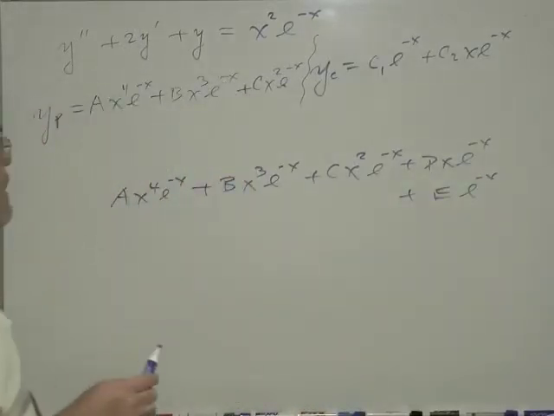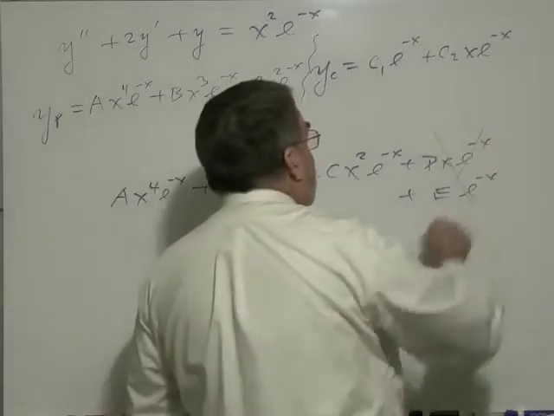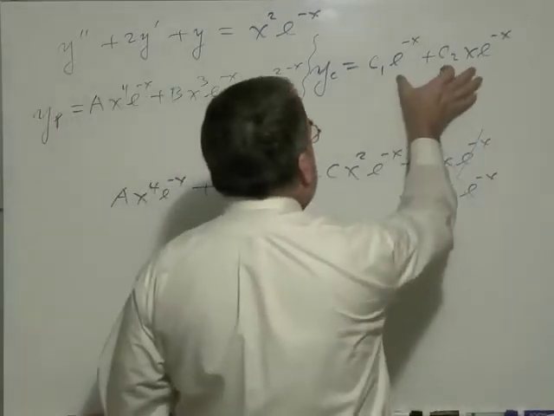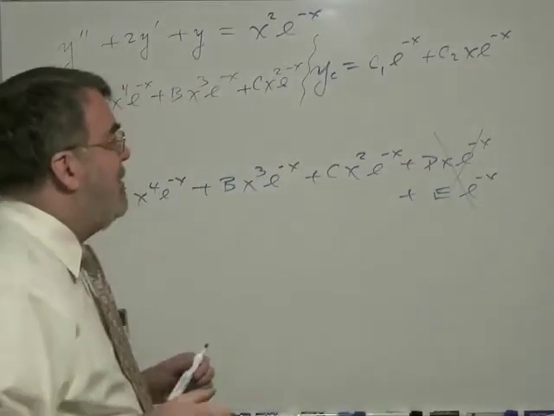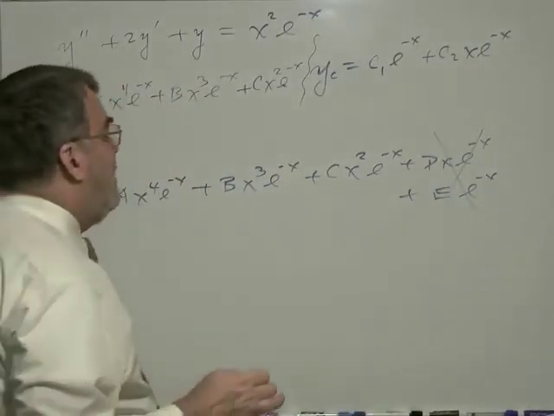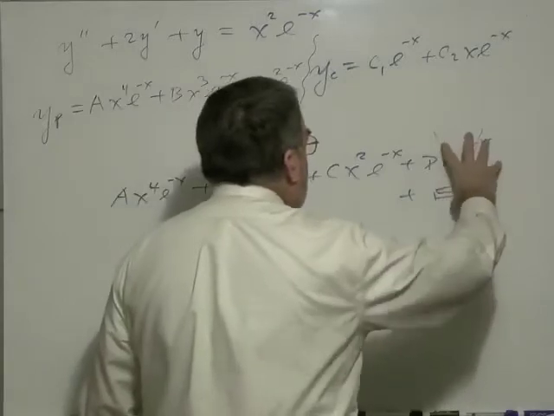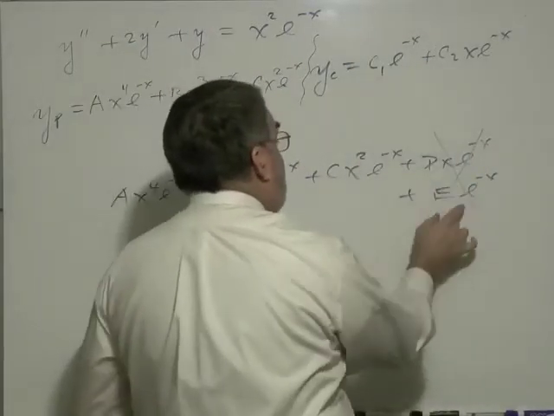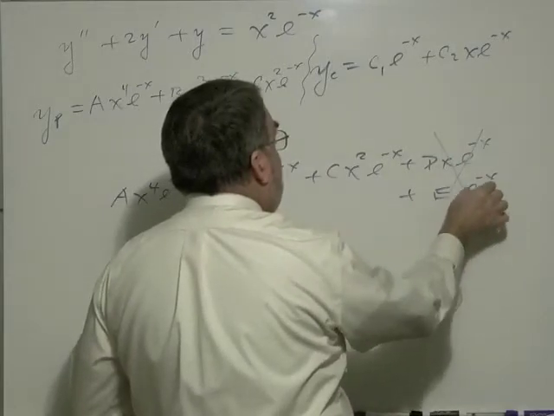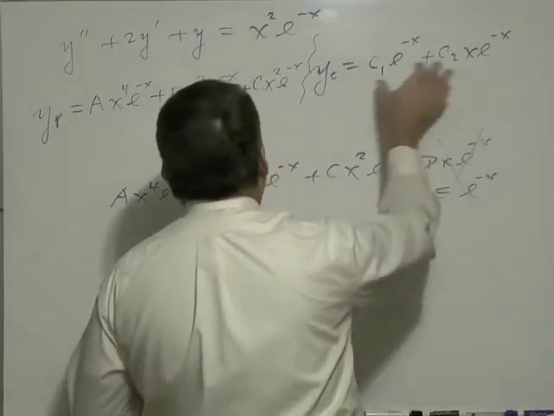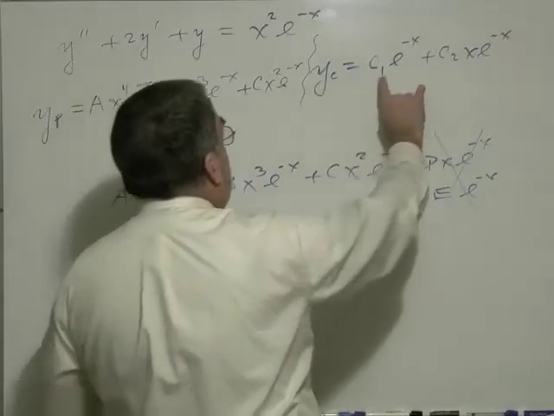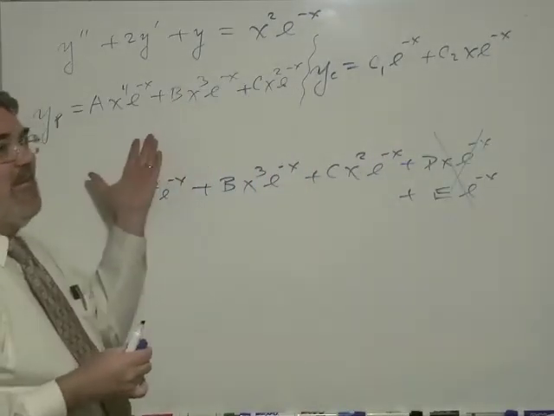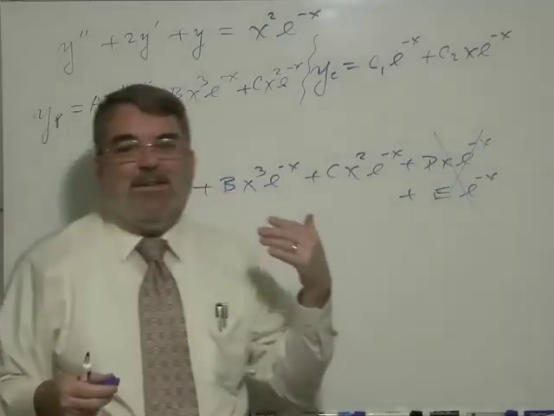And I can exclude these 2 from my particular solution because they're included here in my complementary solution. And matter of fact, whatever I get here will give me a 0 on the left side. So I can exclude the e to the minus x and x e to the minus x from the particular solution because they appear in the complementary solution.